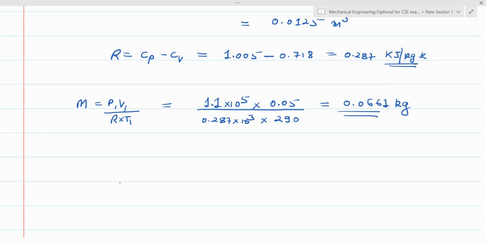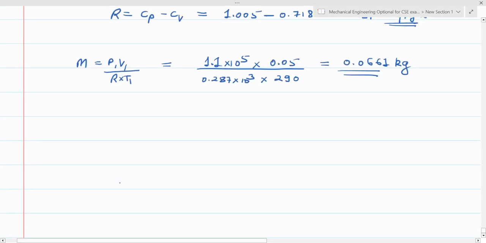Now we have to calculate first the net heat transferred to or from the gas. Heat transfer from state 1 to 2 is a constant volume process.